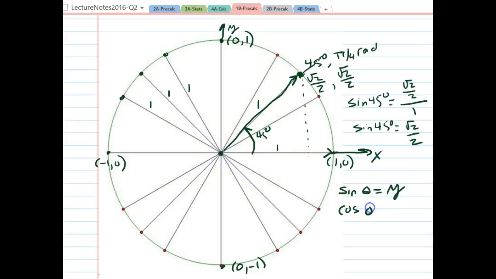And then cosine theta is going to be equal to the x value. Because remember, we would be dividing by r, but r is 1 for all of these points along the outside of the unit circle. And then tangent theta, we can't get around the fact that it still has to be the ratio of opposite y over adjacent x. All right, and so that is how we use this unit circle.